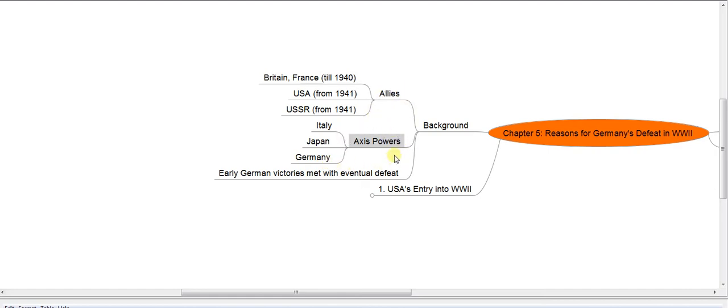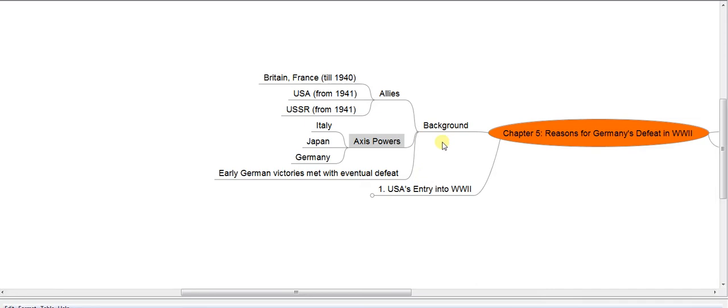I think this should be very clear and familiar to all of you. There were early German victories, so the Germans got off to a very good start. However, these early victories didn't last for too long, and we'll find out why later on. Eventually, Germany was defeated in 1945, bringing the war in Europe to a close.